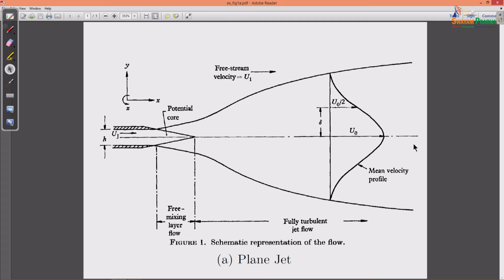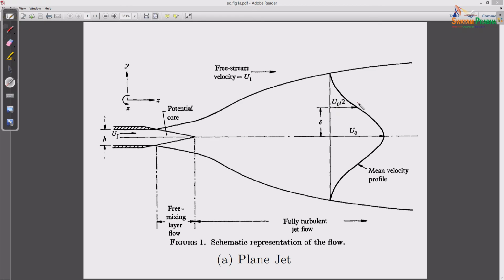Two things here. First, what will happen to U naught, the central line velocity? Will U naught decrease or increase when I'm before this location and when I'm after this location? And the next question is, this location delta where the velocity is half the central line velocity, will this length or height remain the same?